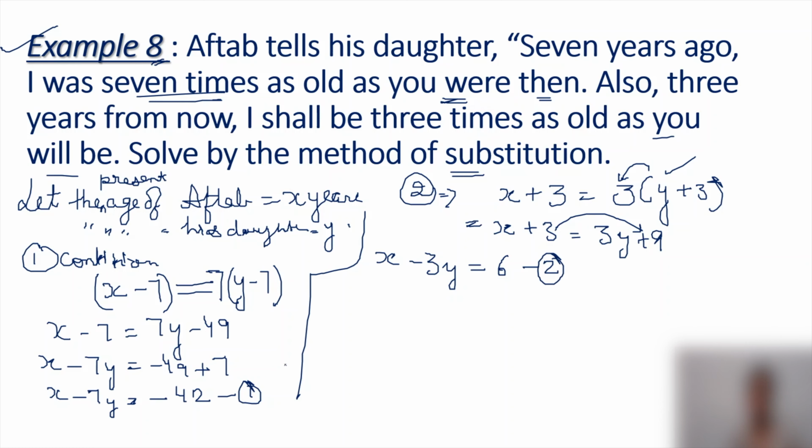From first condition or second condition you can find the value of one of the variables. Let us consider from first equation we are finding the value of x, x is equal to 7y minus 42.